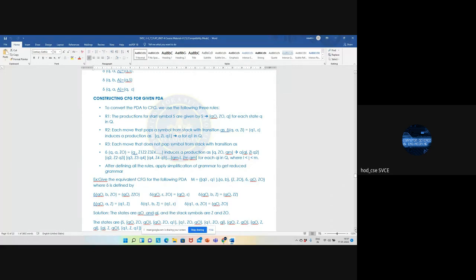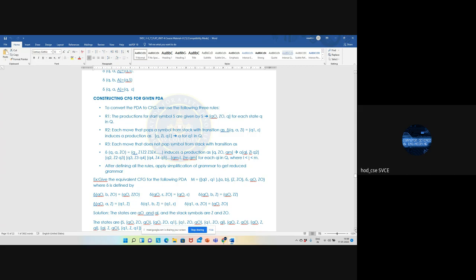And then if δ(q, a, z) = (q, z1 z2 z3 z4), the production [q, z, qm] tends to a [q, z1, q2], [q2, z2, q3], [q3, z3, q4], [q4, z4, q5], and so on up to the last one, [q4, z4, q5].